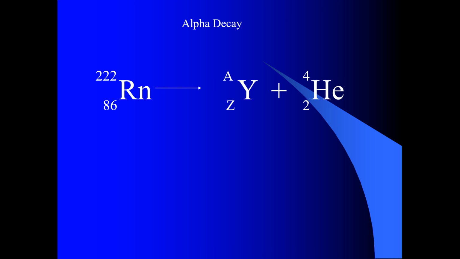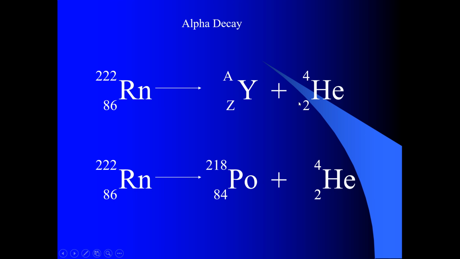So what happens when radon undergoes further alpha decay? It brings a daughter nucleus. When radon undergoes alpha decay, it produces polonium with the atomic number 84 and atomic mass 218.